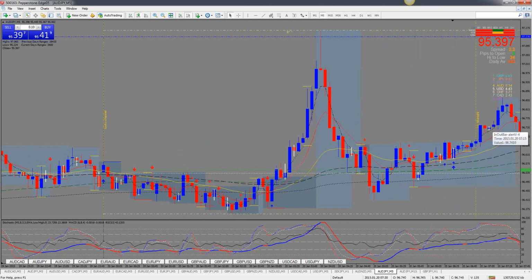So first thing we're looking for is which way is the trend right now? Trend, well, according to that, would be bullish. Why is it bullish? Or why did I say it's bullish?